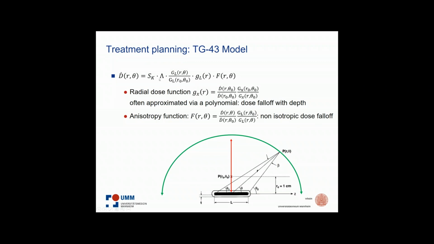So that means we have now discussed all the things. You see the source characterization, the geometrical part where you have a drop on the radius, and you have a variation on the angle. If you have a very well-defined source, then there's no angle variation, so this is just a constant.